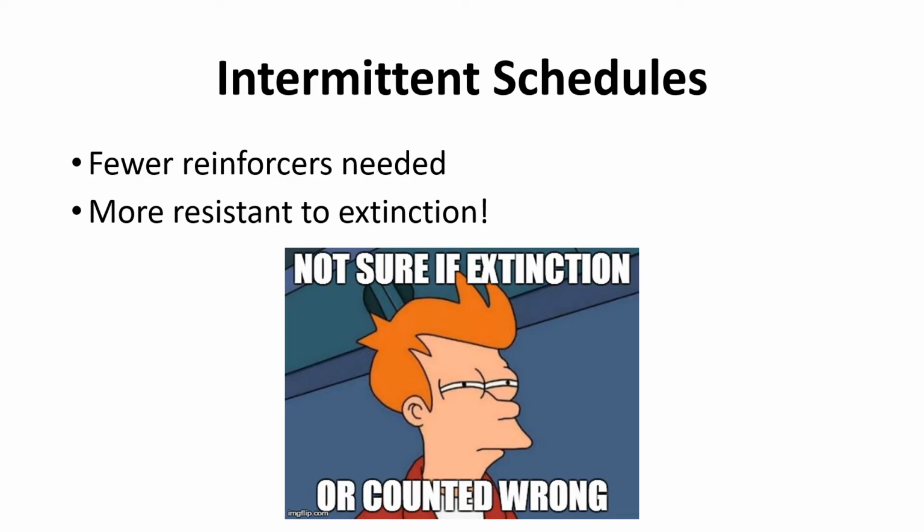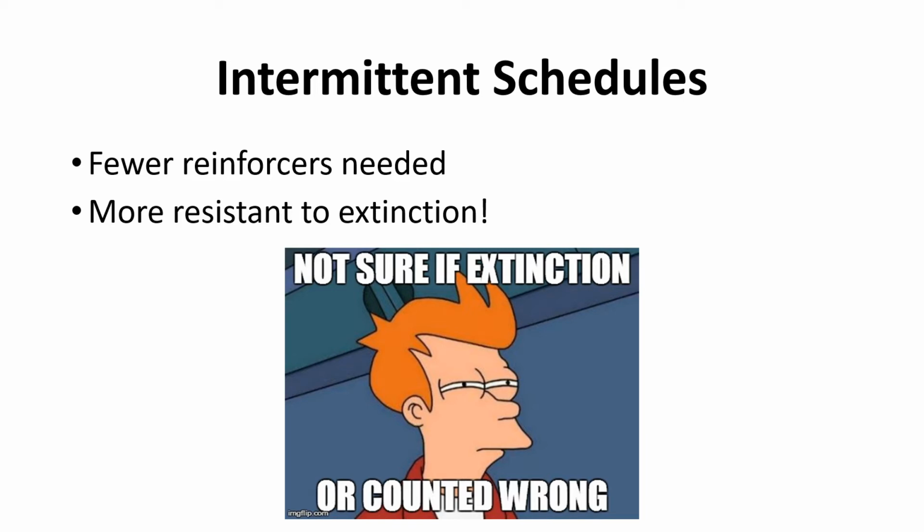Maybe they aren't quite ready, or maybe they don't know what's going on specifically. I don't know, that's a little bit thought intensive, but we're saying that we're introducing some uncertainty here so that instead of immediately entering into extinction, they'll persist with doing that behavior in case they can still get reinforced in the future.